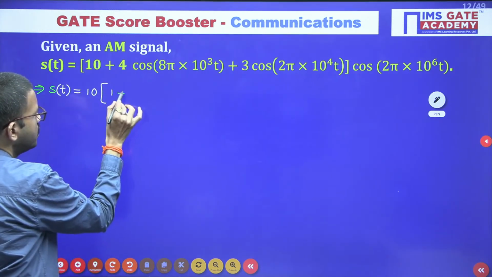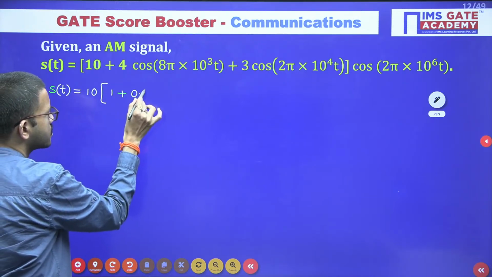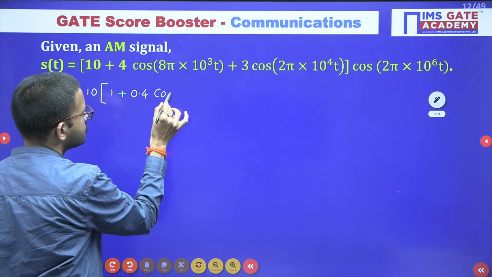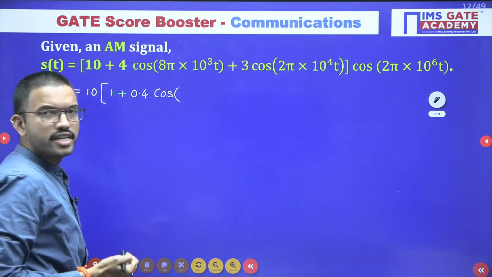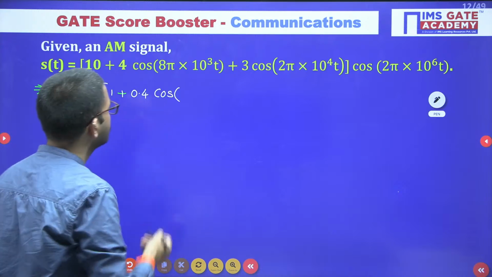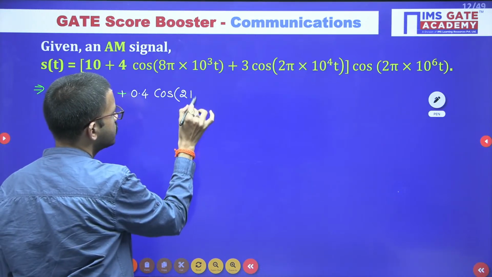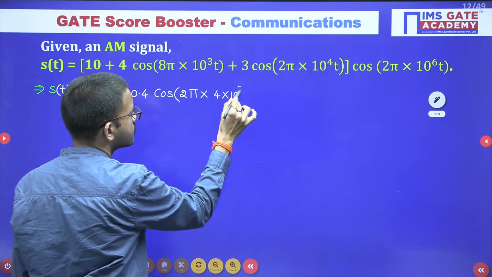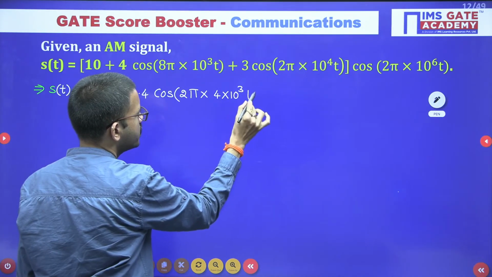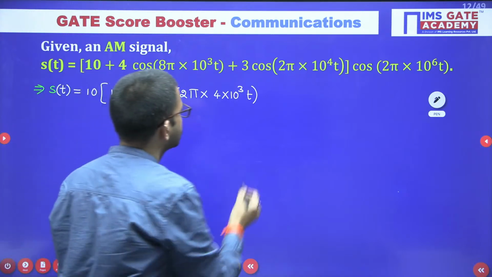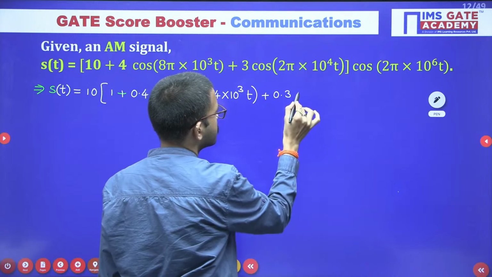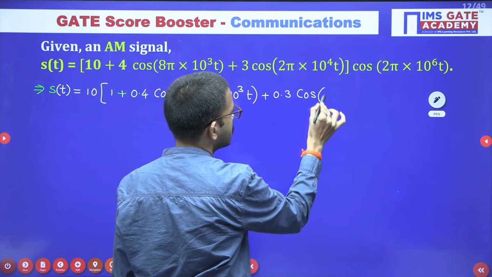Then you will get 1 plus 4 by 10, which we can write as 0.4, then cos, which I am writing in the standard 2 pi f form, so 2 pi into 4 into 10 power 3 t.